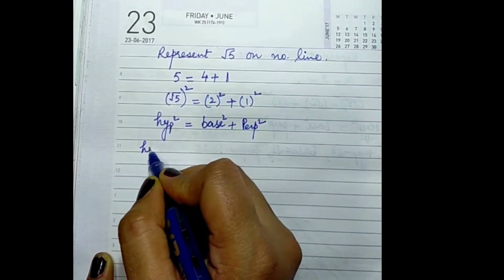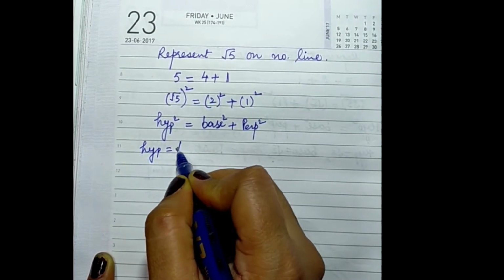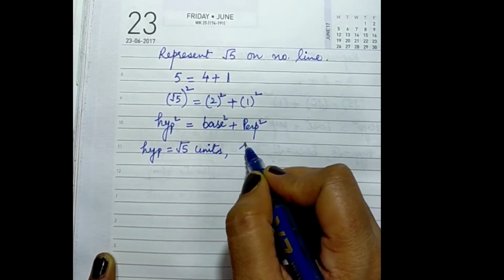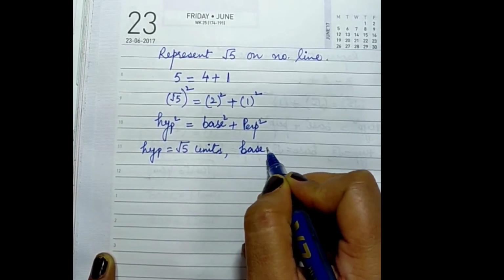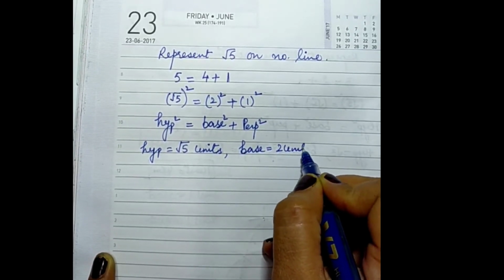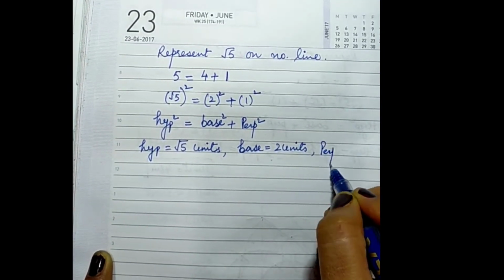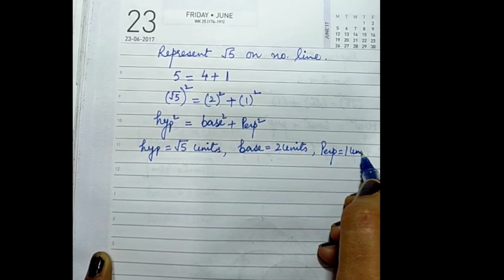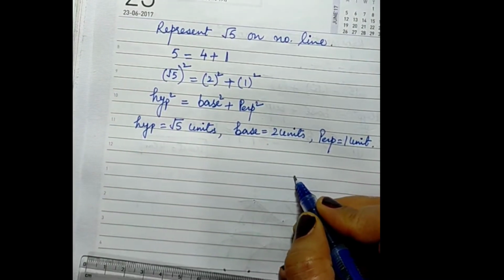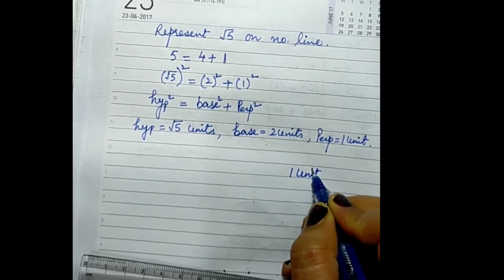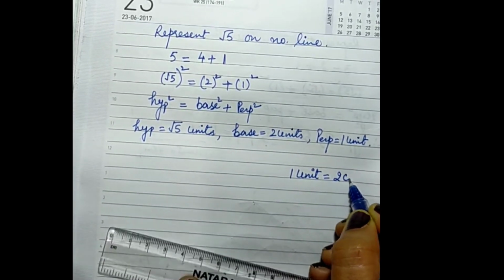We got hypotenuse to be root 5 units, base to be 2 units and perpendicular to be 1 unit. Now again the scale, this time I am taking 1 unit to be 2 centimeter.